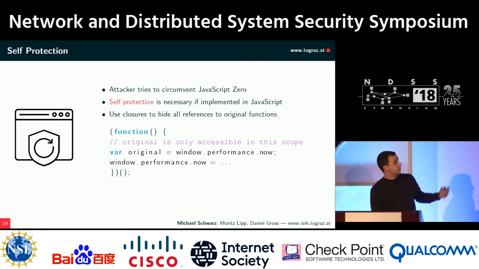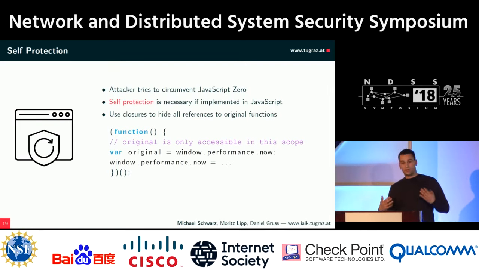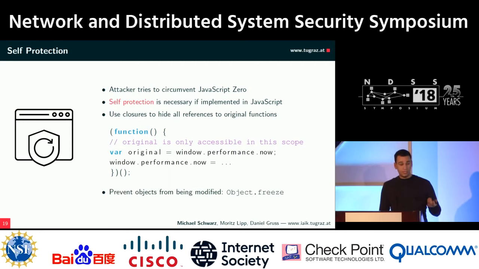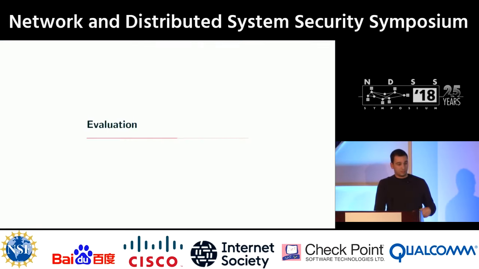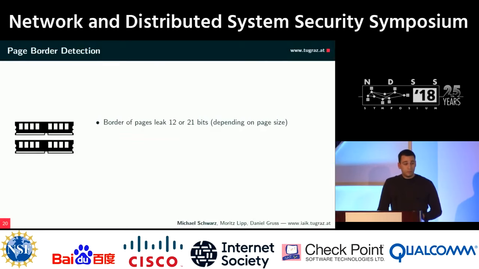And what we then have is that our original function pointer that we still use in the extension is only available to our extension and not in any global scope, so an attacker cannot access the original function. And by additionally freezing the object, the attacker cannot revert our changes to the JavaScript functions anymore. So we also protect our implementation. It protects itself. And we can show that it actually works.